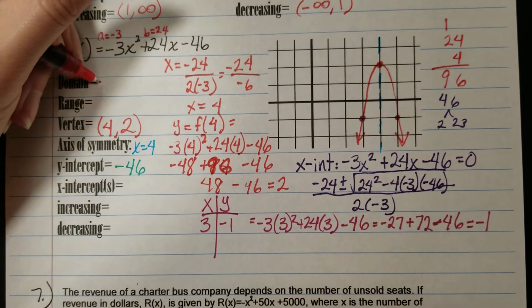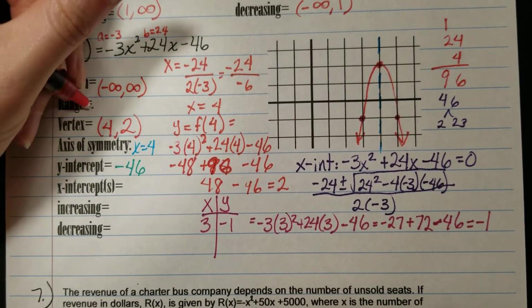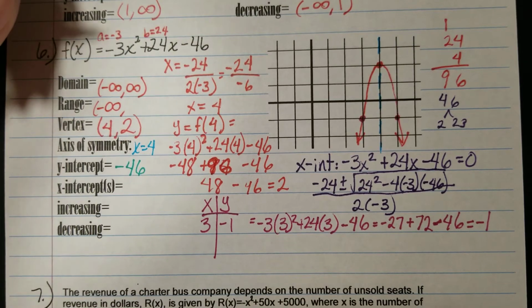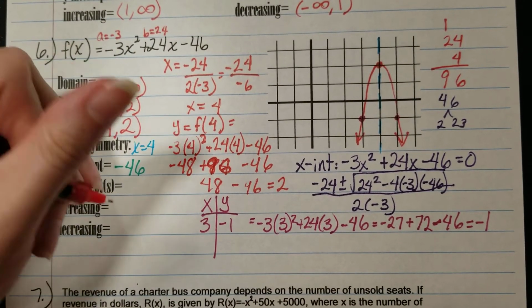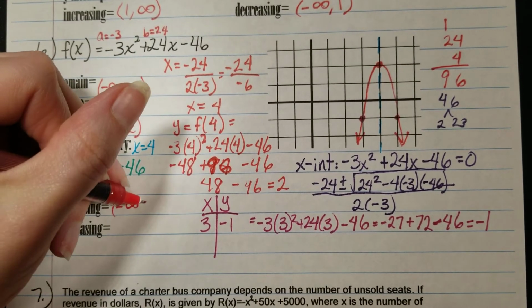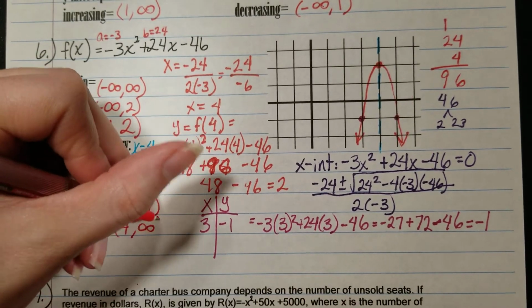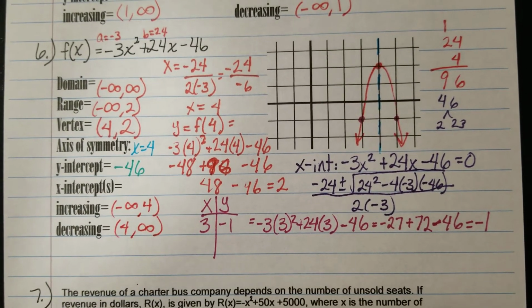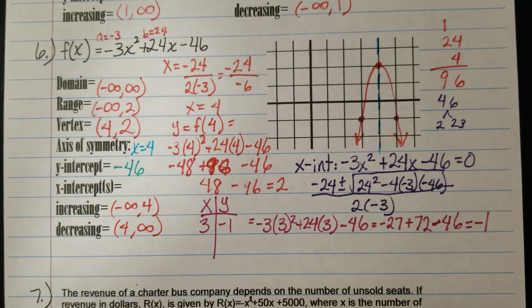Okay, so domain is negative infinity to infinity, range is from negative infinity up to 2, increasing from negative infinity until 4, and decreasing from 4 to infinity. All right.